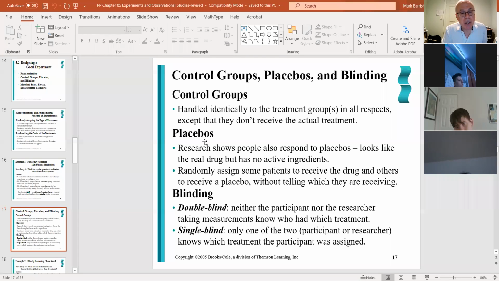So a single blind in this case would mean that the participants are not aware of whether they received the drug or the placebo.